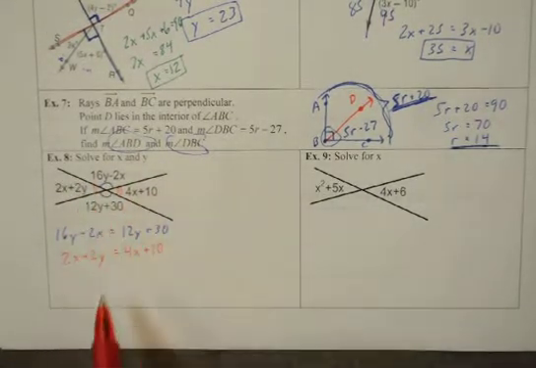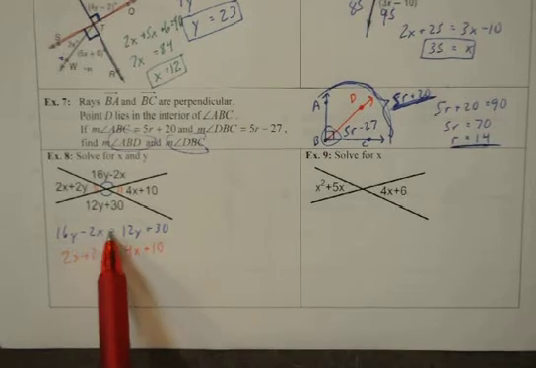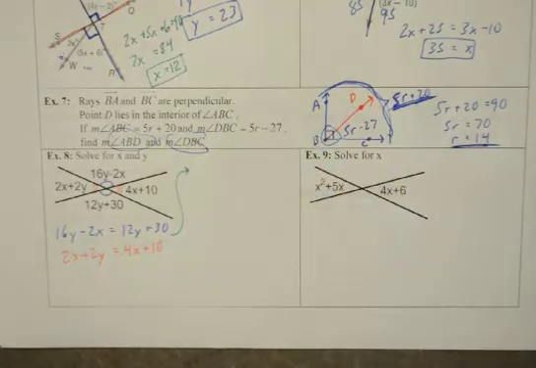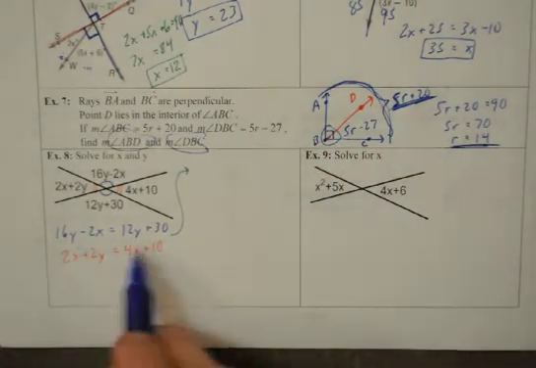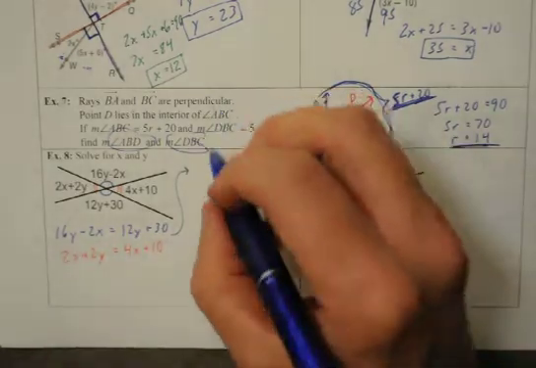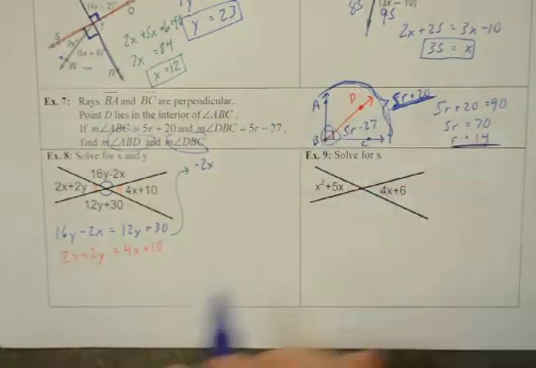We got two equations, and we've got two unknowns in x and y. This is called a system of equations. So what I need to do is clean this up. I'm going to bring this up here and clean it up. So the top equation we can clean up to negative 2x.